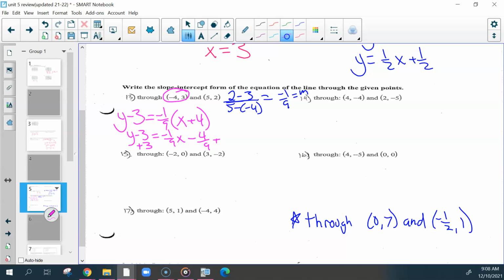What would that be as a fraction? 27 over 9. Yeah. So our equation would be y equals negative 1/9 x plus 23 over 9.